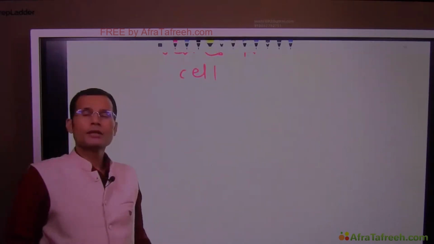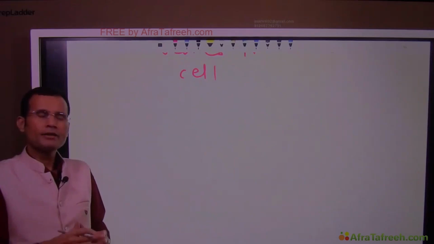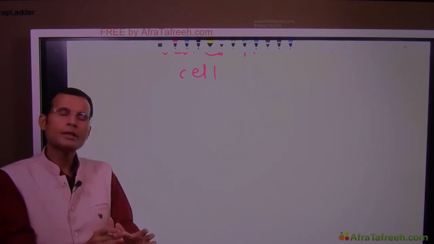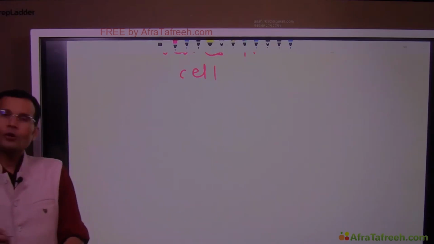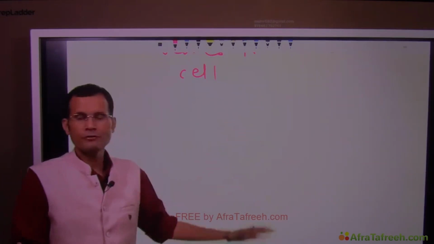There was one MCQ like this. There are 4 options given, and which of them has highest protein concentration in its membrane? The MCQ was, highest protein concentration in the membrane is found in which of the following?